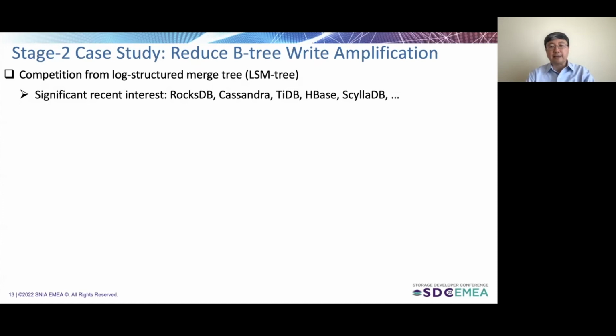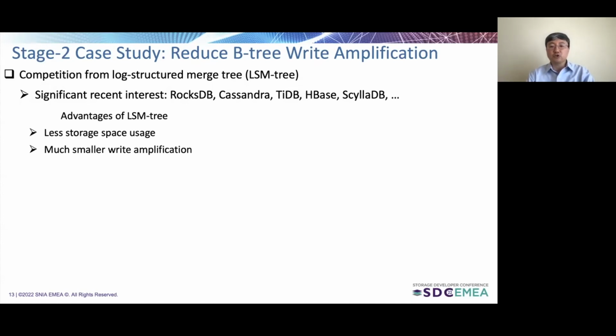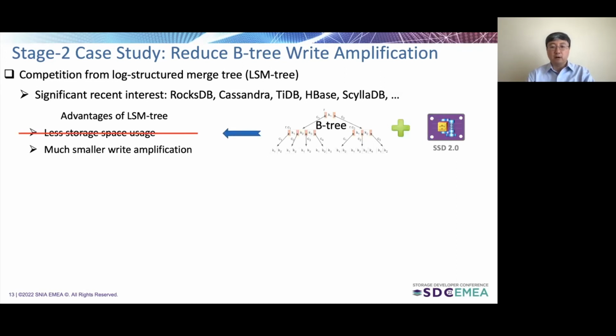We all know that today B tree faces strong competition from another indexing data structure called the log structure merge tree because of these 2 widely cited advantages of the log structure merge tree, including less storage space usage and a much smaller write amplification. Once we run B trees on SSD 2.0 with transparent compression, the storage space usage advantage of log structure merge tree will largely disappear.